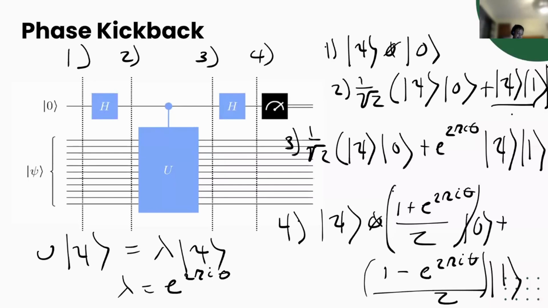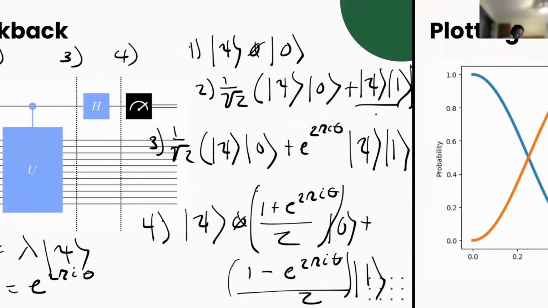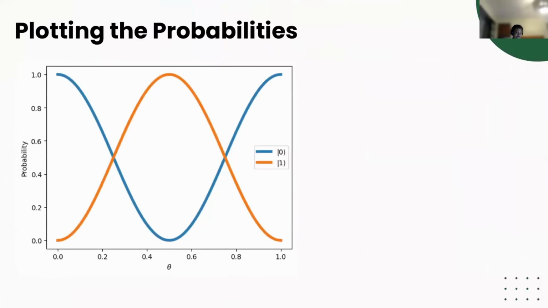These are the coefficients at this point in time, briefly before measurement. And so after we measure, we can plot what's going to happen as a function of theta. Our probabilities are going to be those coefficients squared. So I'll write it out for you.